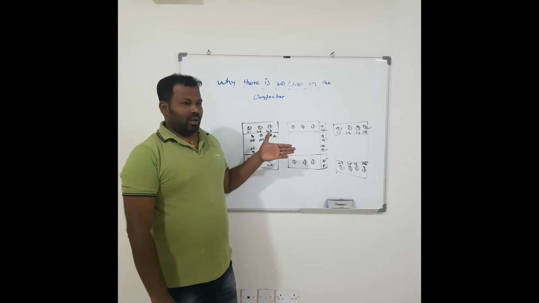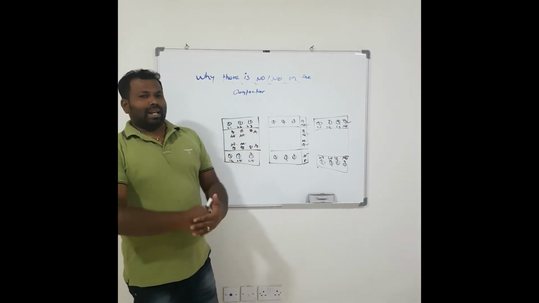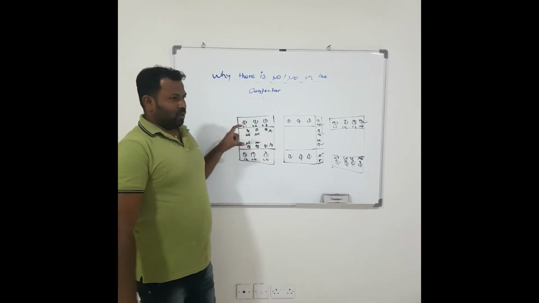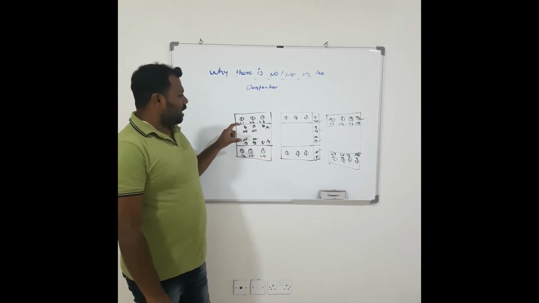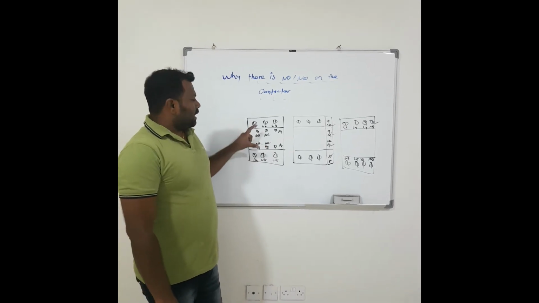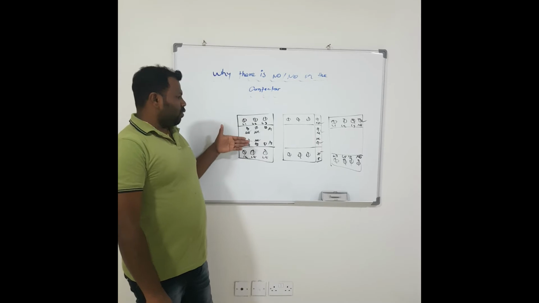So normally open means when this contactor is not energized, between these two NO contacts there will be an open. And normally closed means when this contactor is not energized, there will be a closed contact between this NC.